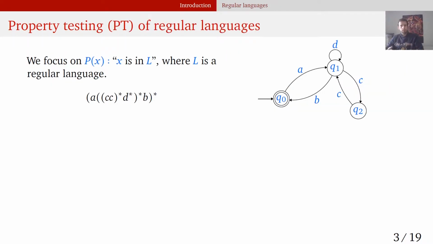In our work, we focus on the case where P is the property x belongs to L, where L is a regular language, that is a language defined by a regular expression or a finite automaton.